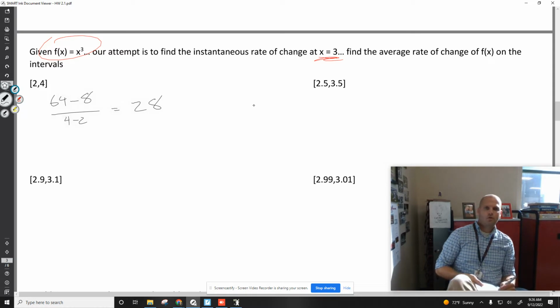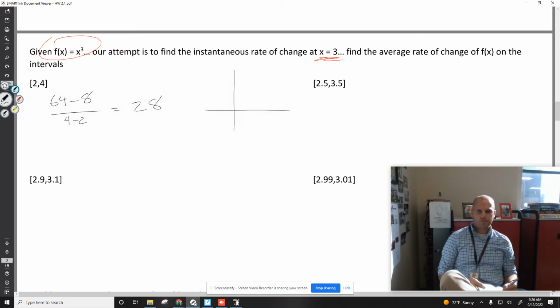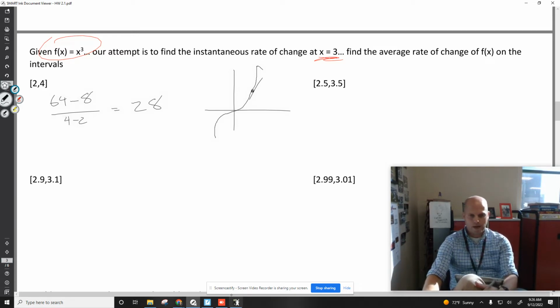Okay? 2 to 4, if you look at x cubed, 2 to 4 will do a decent job of approximating what's going on right at 3. But 2.5 to 3.5 would do it even better.